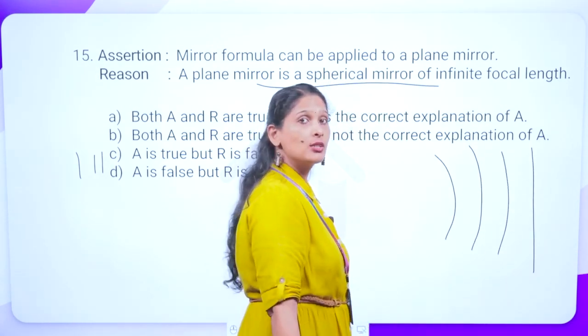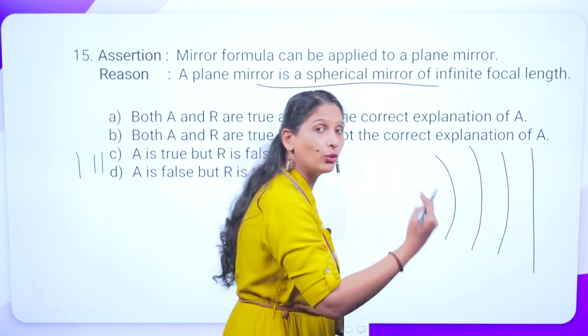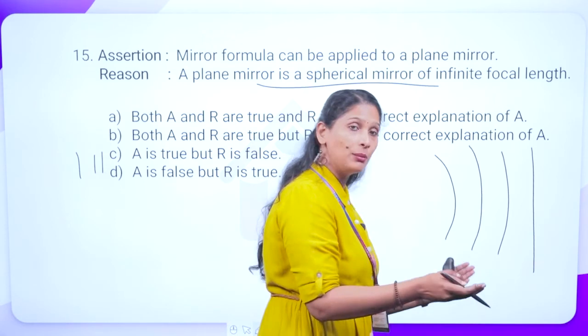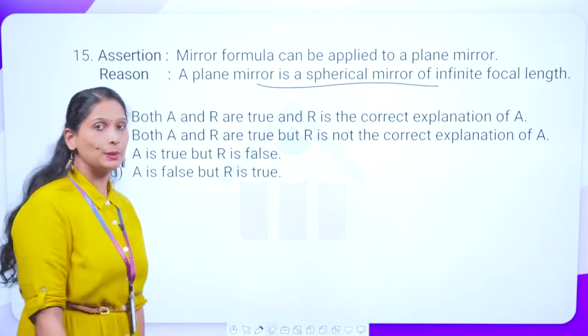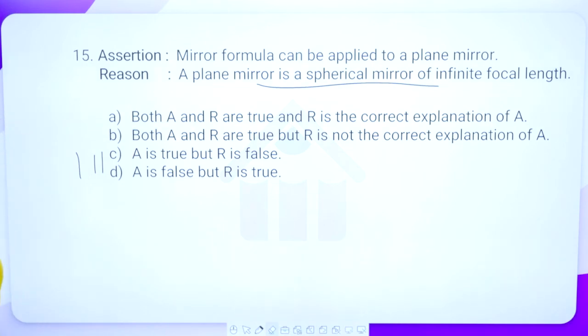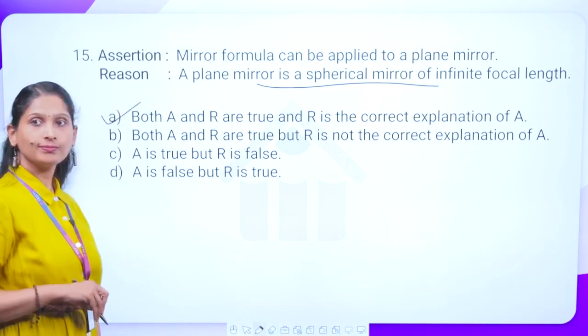The curves get reduced, the aperture gets reduced. So it is a spherical mirror with infinite focal length. So the reason is correct, and since a plane mirror is a spherical mirror, we can apply the mirror formula to it. So the option is A. Clear?